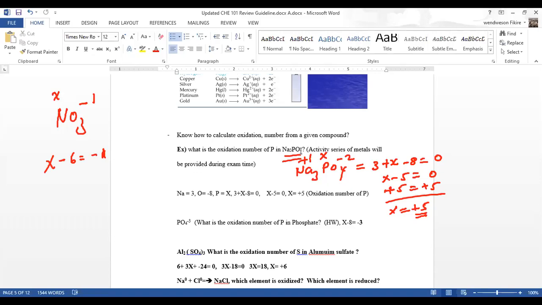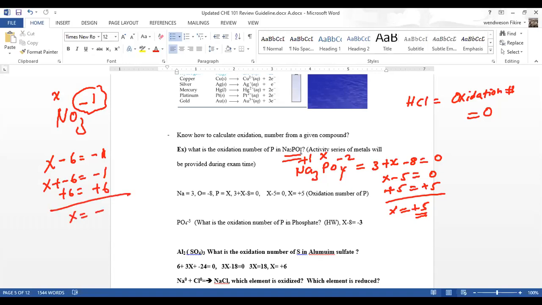0 is always for a compound like hydrochloric acid, where the sum of oxidation numbers is considered as 0. But for a polyatomic ion, the sum of the oxidation numbers is the charge of the ion. So when we add X plus -6, which equals -1, to get X, the oxidation number of nitrogen, we add 6 on both sides.